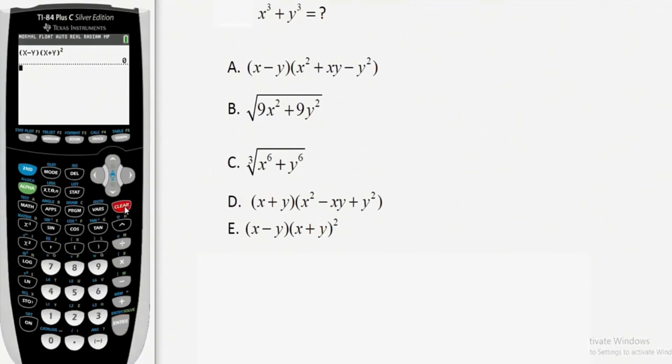Let's move this. So option D is in bracket X plus Y alpha and this. Close the bracket. Open another bracket.